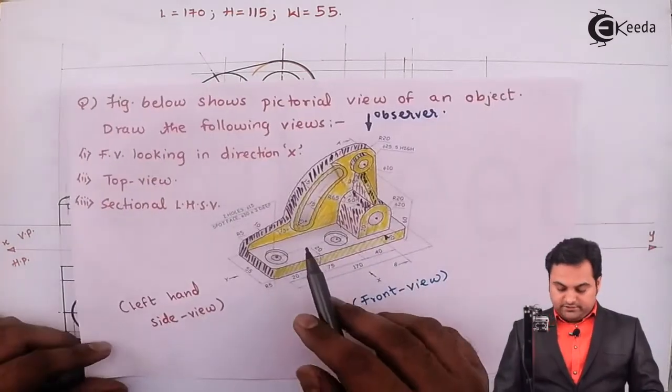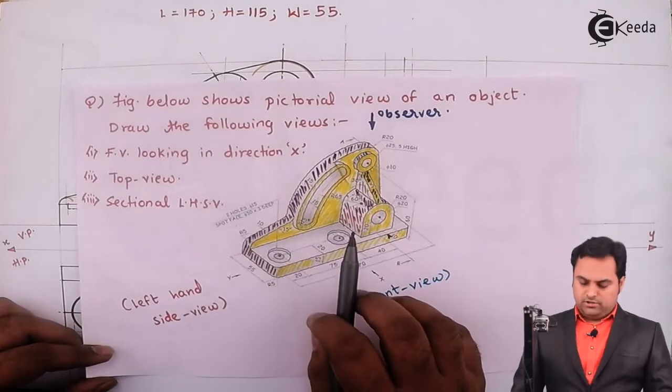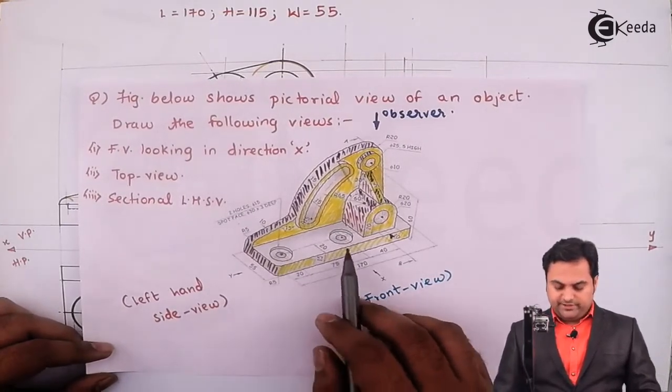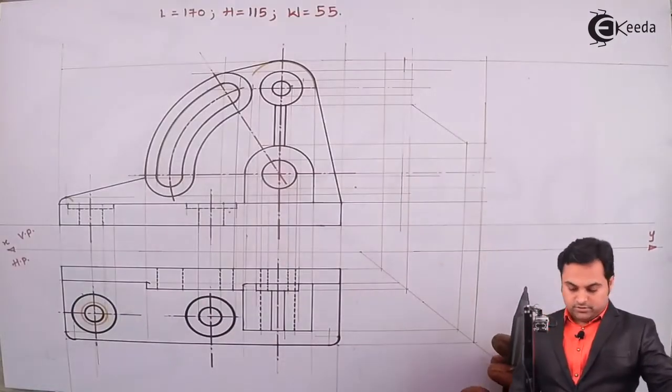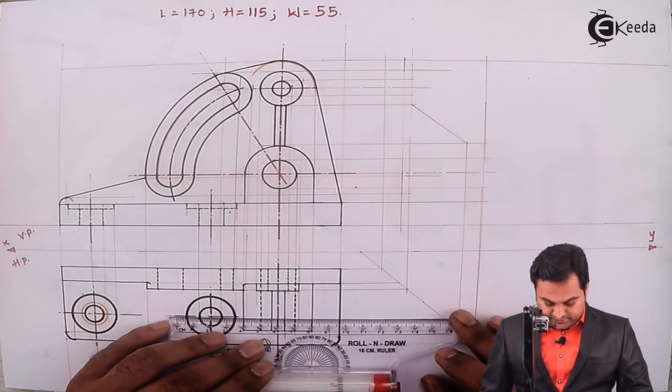Then after that, there are these two spot faces which won't be visible from the side but they have to be hidden, so I'm drawing them light, projecting them from the top view, first getting their center.